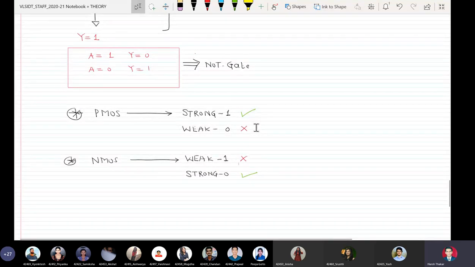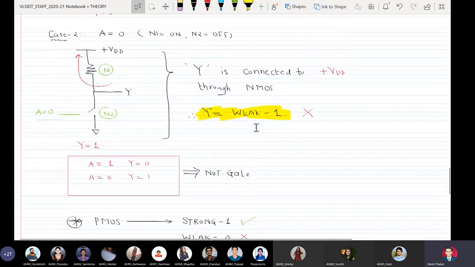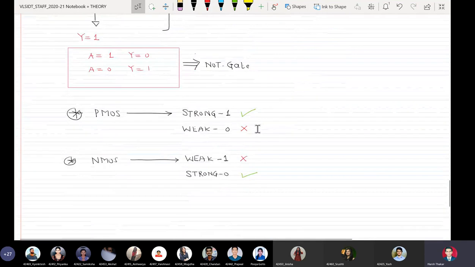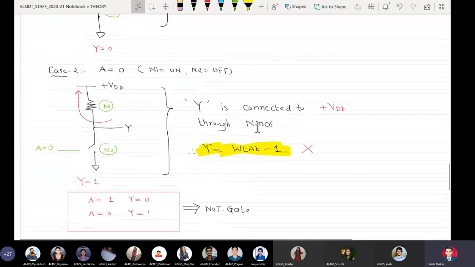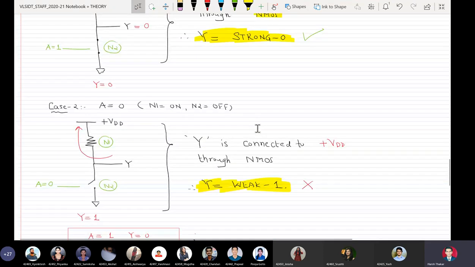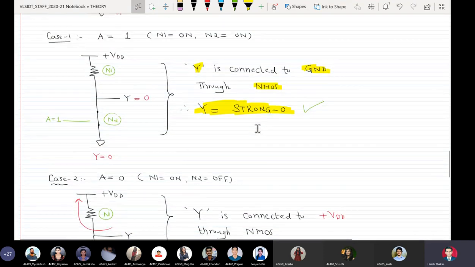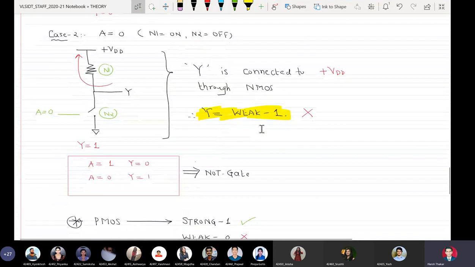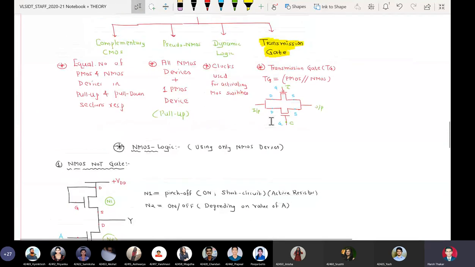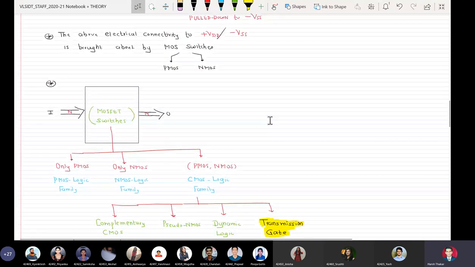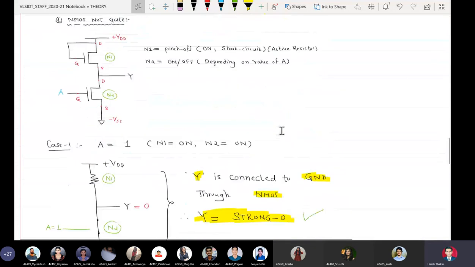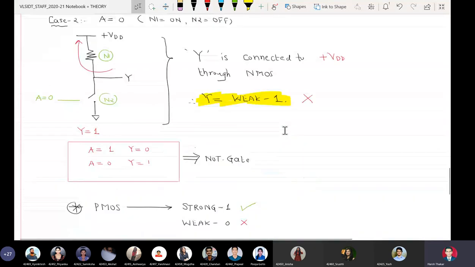When we use PMOS and NMOS together to realize any digital functionality, because there is PMOS, we get a strong 1, and because there is NMOS, we get a strong 0. That is why the CMOS logic family is commercialized. And because CMOS is the only logic family which gives both strong 1 and strong 0, we never go for PMOS logic or NMOS logic. So be very clear about these things.